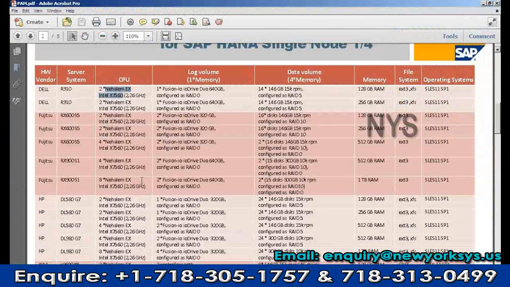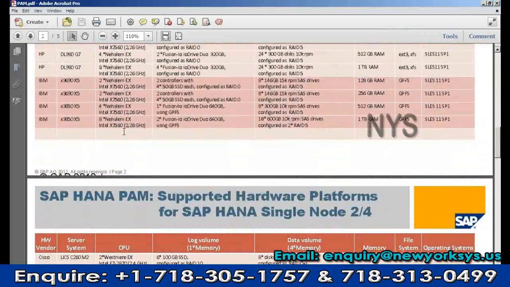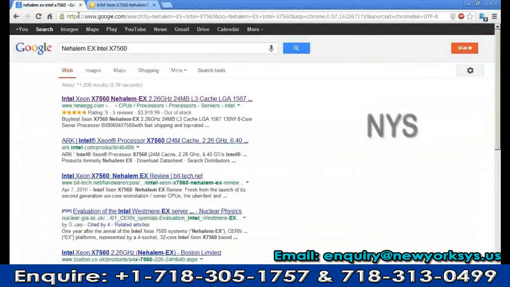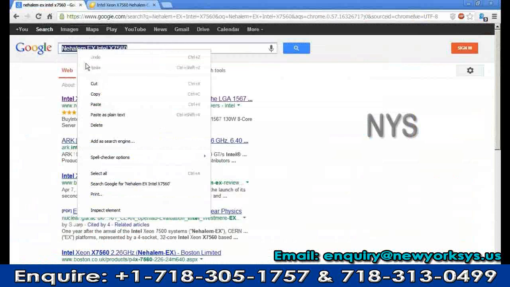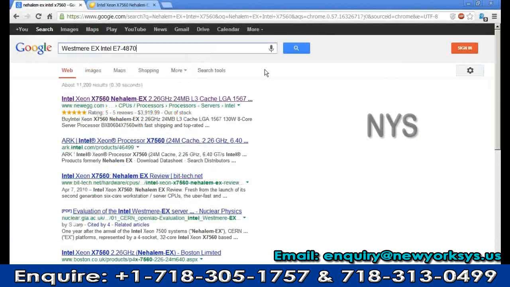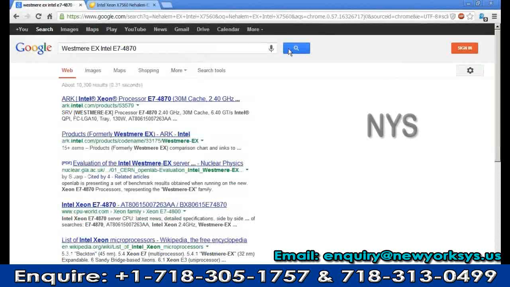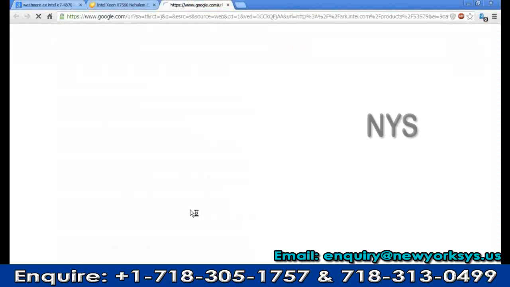The next one is known as Westmere, which is a higher version of the Nehalem processor. Let's look this up also. This is a 10-core processor.